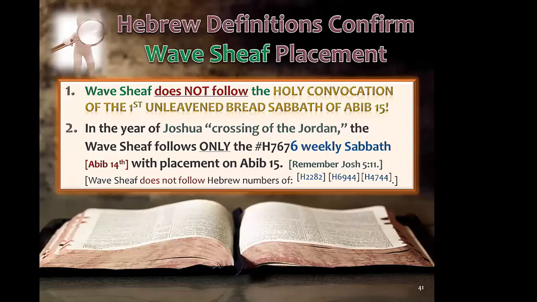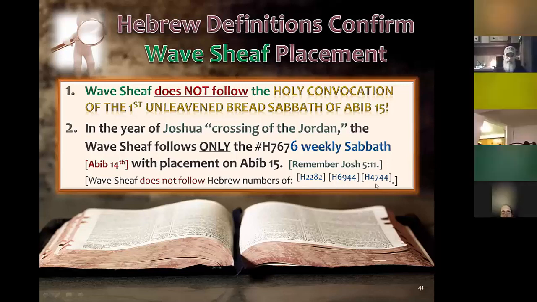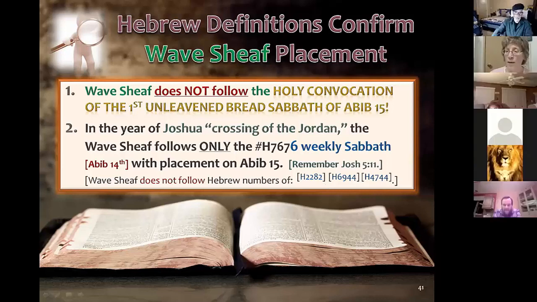So that's how you know it is not a Sabbath of unleavened bread. It is a weekly Sabbath. Wave sheaf doesn't have anything to do with these numbers of feast, holy or Kodesh, or Makra or convocation. Not wave sheaf. It only links and is married to Shabbat.